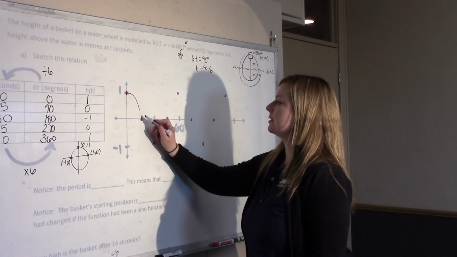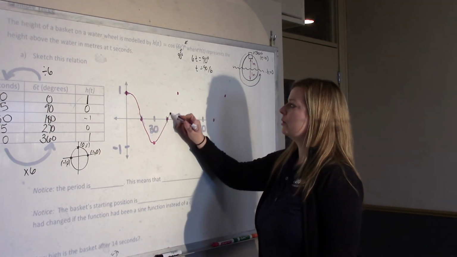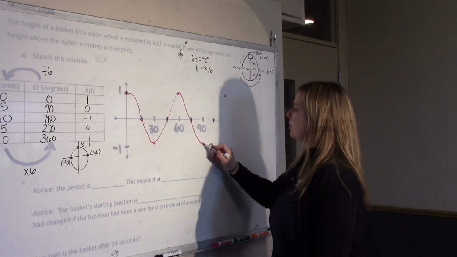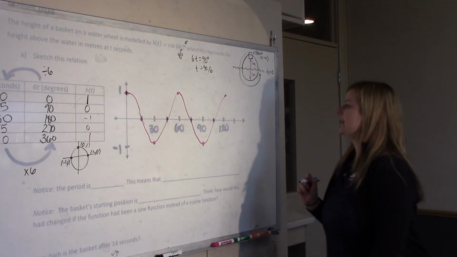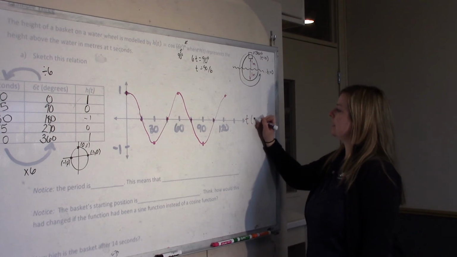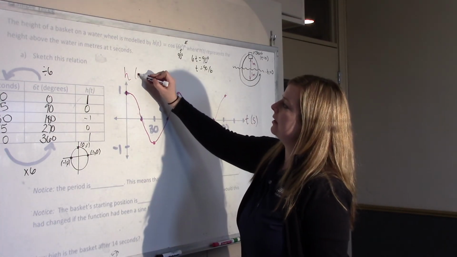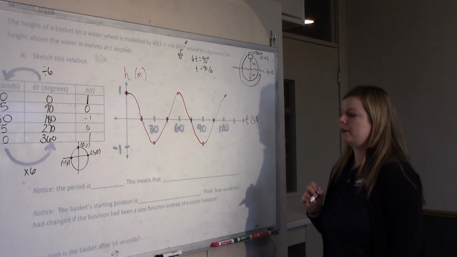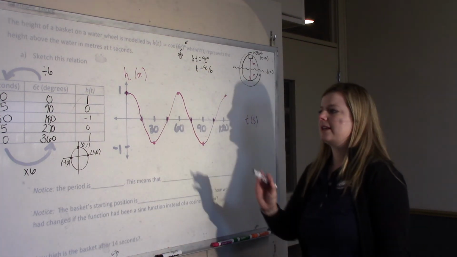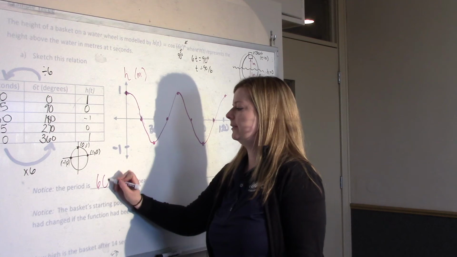So here's what's going on with the water wheel. This is time in seconds, and this is height in meters above the water. So notice that the period here is 60.